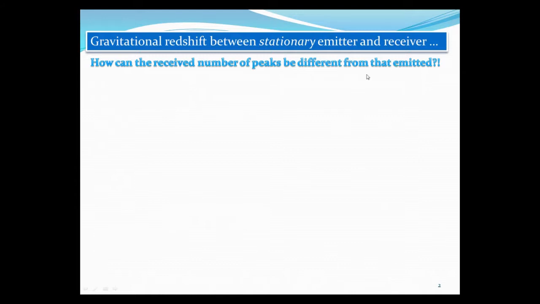So we talked about gravitational redshift, which is the redshift of light emitted and received when the emitter and receiver are stationary. They're not moving, not like the Doppler case. And then we wonder, how can we receive a different number of peaks from the number that's emitted? Where did the extra peak go, or where did the missing peak go?